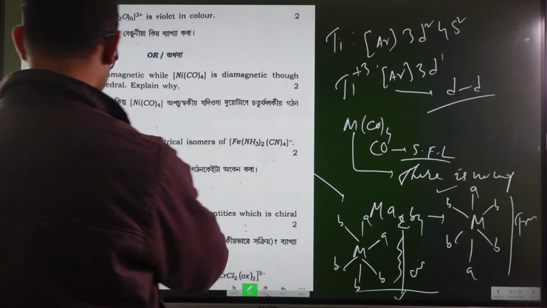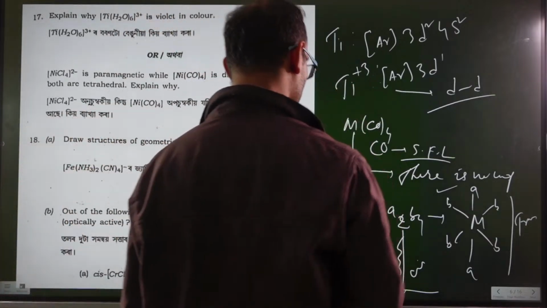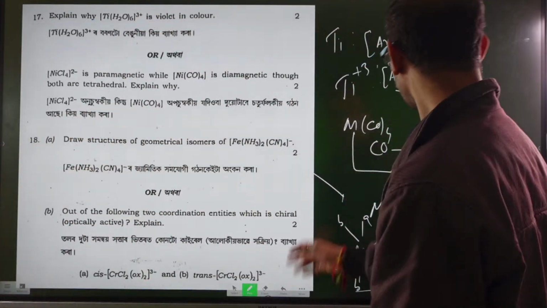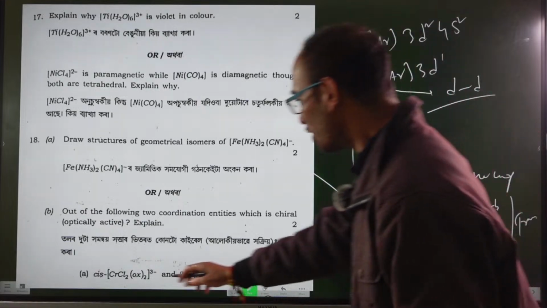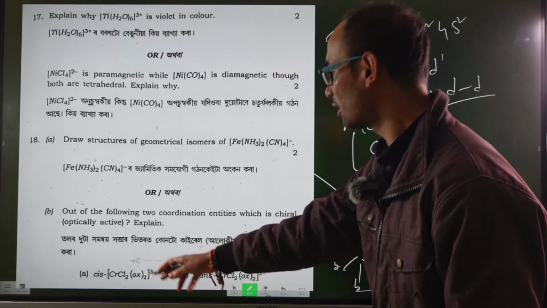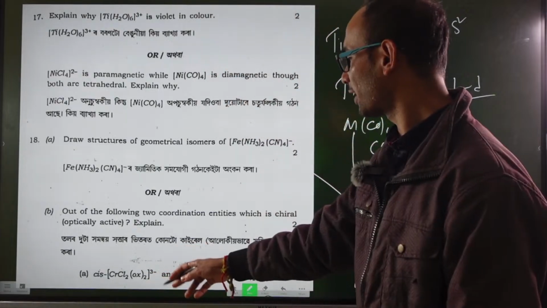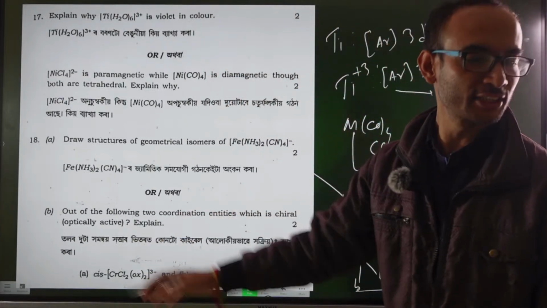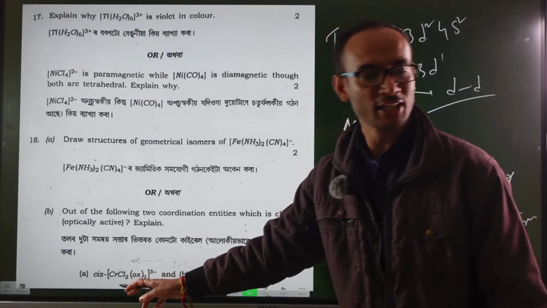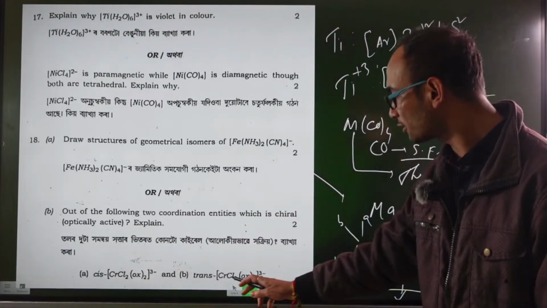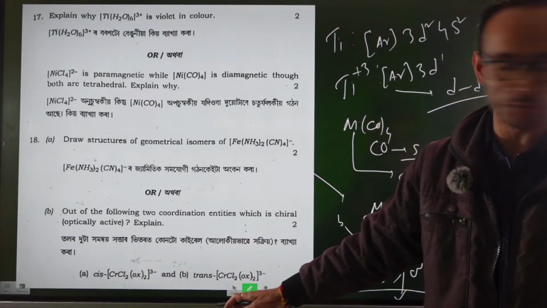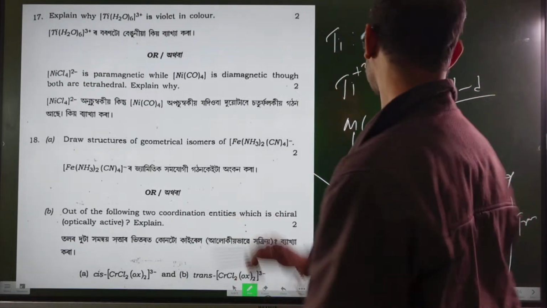For these last two B questions, you can see here is also cis, this dichlorido bis oxalato. This complex will be optically active, because in this complex there is no plane of symmetry, but in this complex there is a plane of symmetry. Therefore this will be optically inactive trans form.